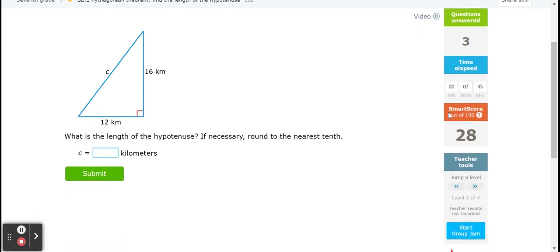Let me do still a couple more here. I'm only at smart score of 28. 12 squared plus 16 squared equals c squared. 12 squared is 144. 16 squared, I think I know what it is, but I'm not for sure. 16 squared, 256. 144 plus 256 is 400 exactly.